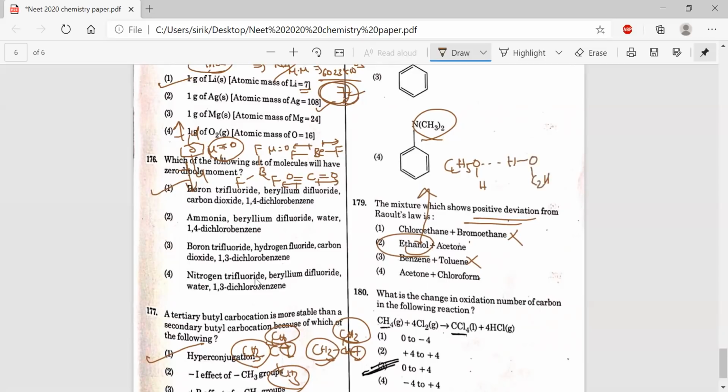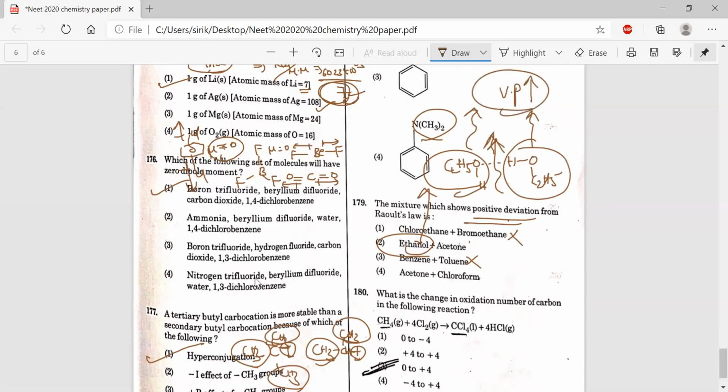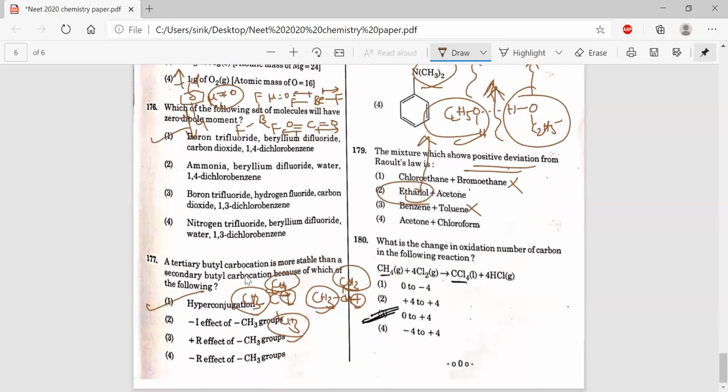Like this, hydrogen bonding will be present, but when we add acetone, this bond will be broken and this alcohol and this alcohol are separated, and these will evaporate easily. So vapor pressure increases when compared to the reactants. That's why it shows a positive deviation from Raoult's law. And see this one, what is the change in oxidation? Option 2 is the correct answer.